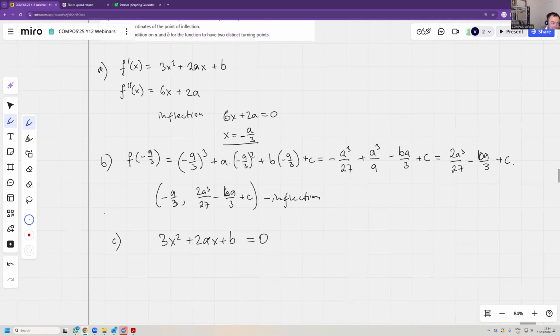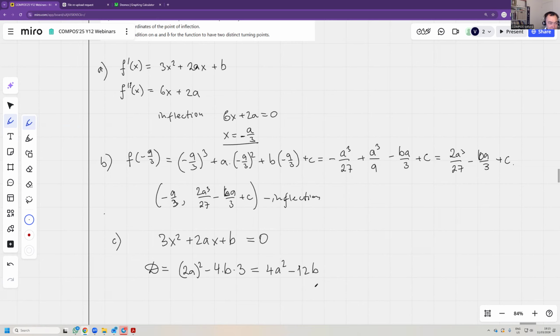And then we have just the discriminant, which is b squared minus 4ac, so 2a squared minus 4 multiplied by b multiplied by 3. And so that's equal to 4a squared minus 12b.